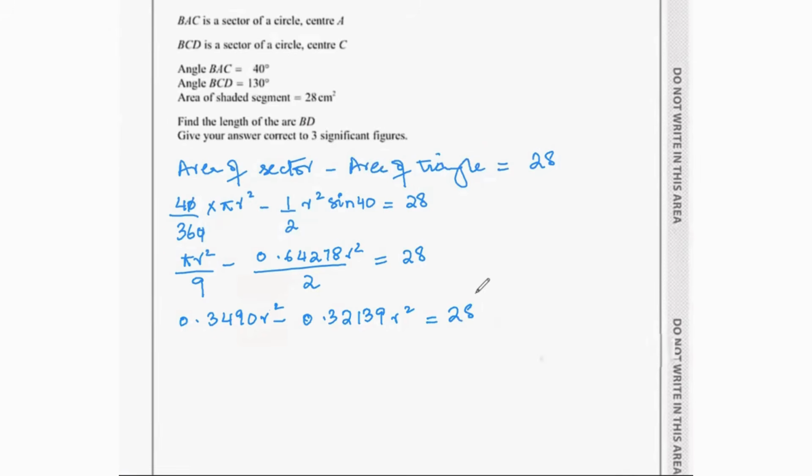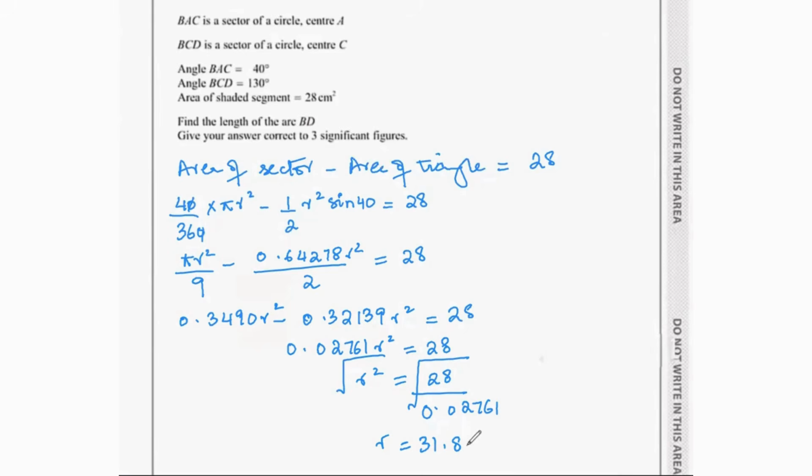So 0.3490 minus 0.32139. That's 0.02761 r squared equals 28. So r squared equals 28 divided by 0.02761. And then we take the square root on both sides to find the value of r. That gives us 31.85 centimeters as the radius.